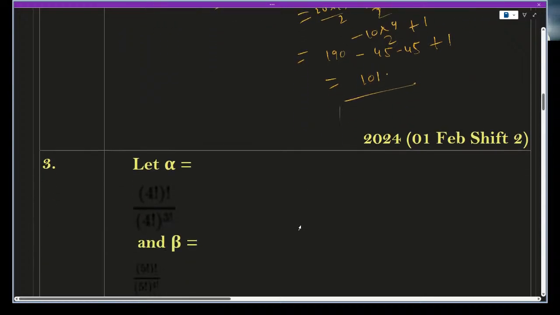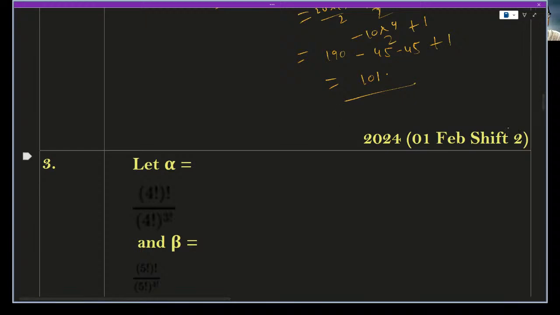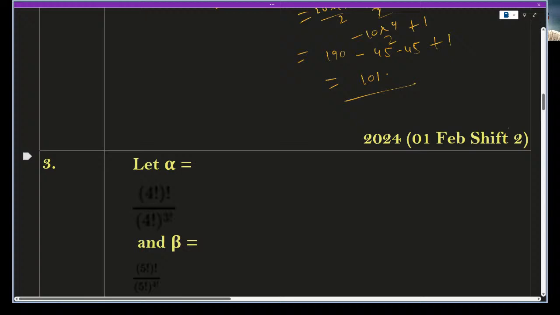So this was 2024, 1st February, shape 2. Next one is very interesting. Alpha equal to, I am writing again here because that did not come properly. You also write in your copy and do it before I do it here. This to the power factorial 3, and beta also.